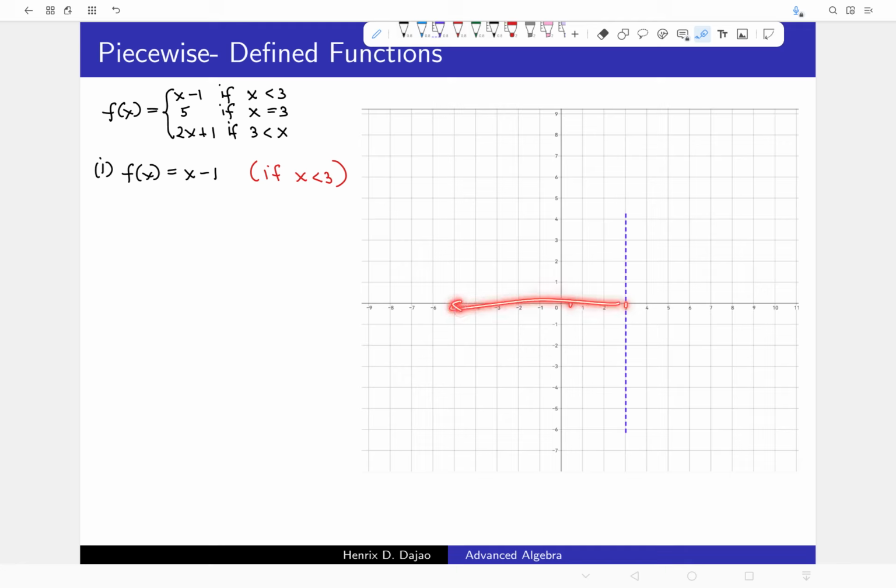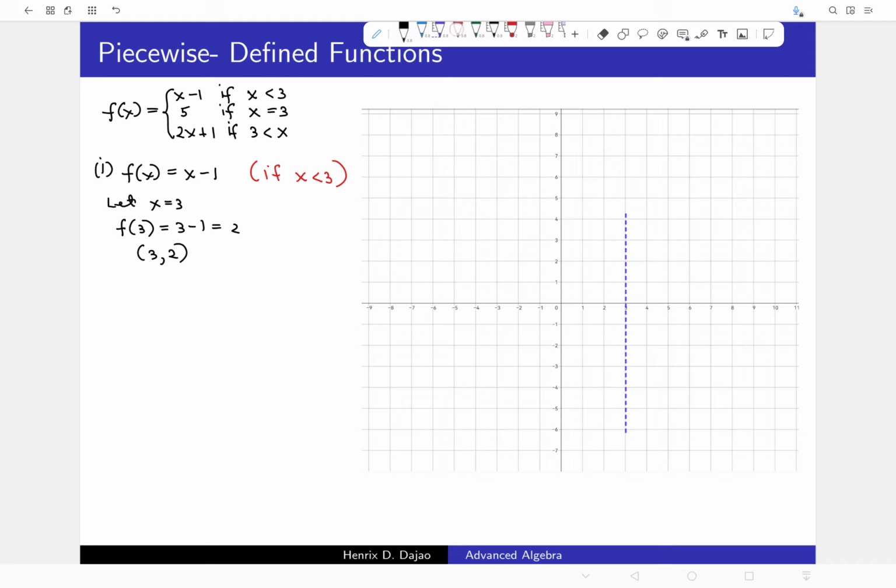So first, we pick a point on the boundary, 3. We let x be equal to 3, so that is f of 3, which is 3 minus 1, so that is 2. If x is 3, f of x is 2. So we have the point (3, 2).